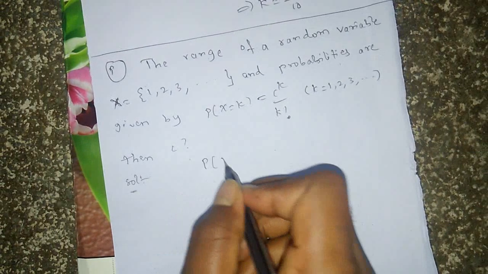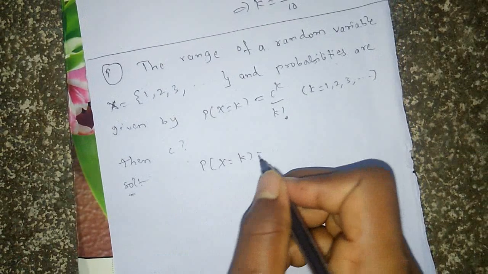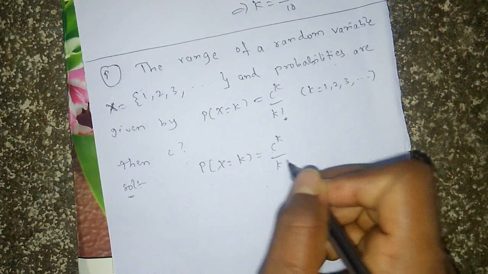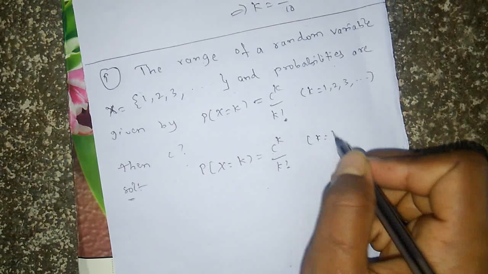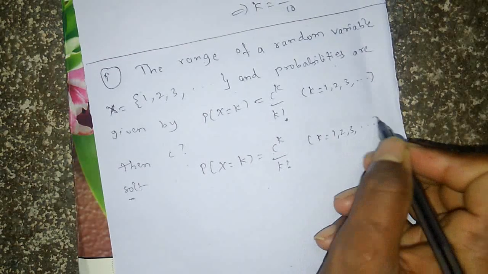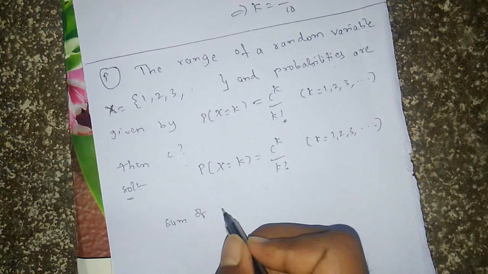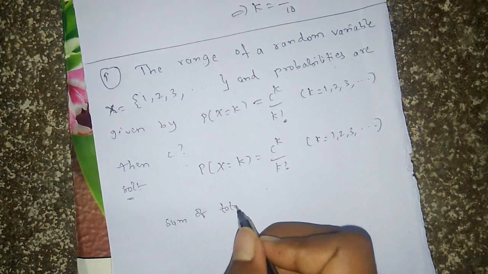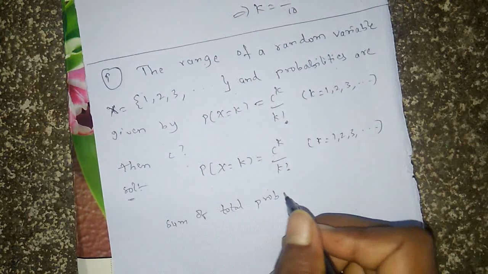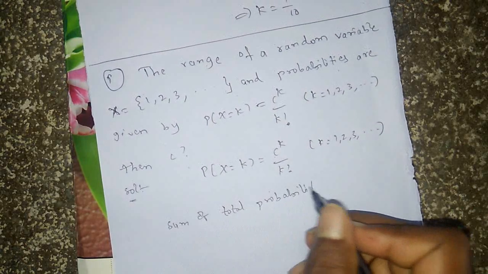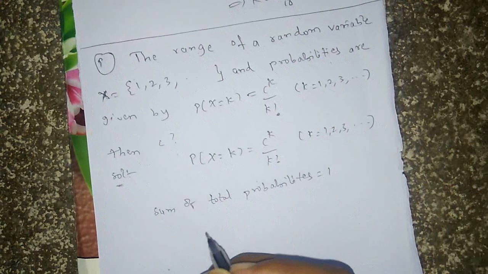So here the probability distribution is given by P of X equal to k is c power k by k factorial, where k is equal to 1, 2, 3 and so on. We know that the sum of all total probabilities is equal to 1.